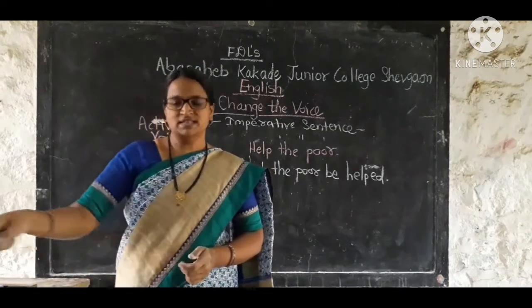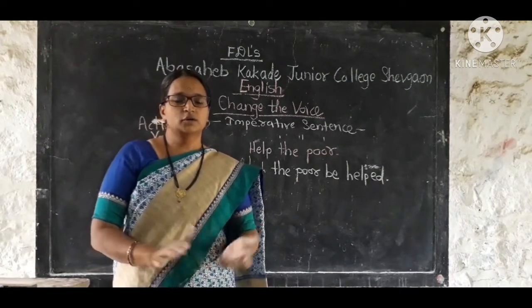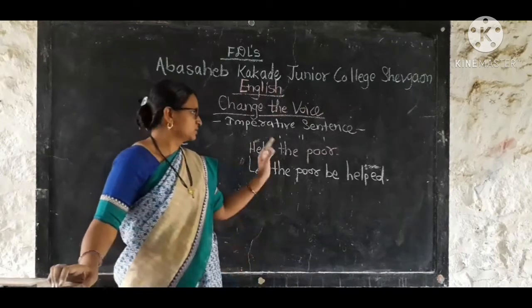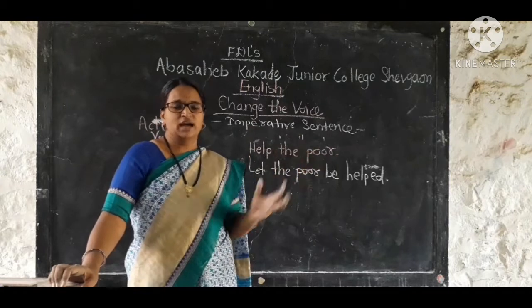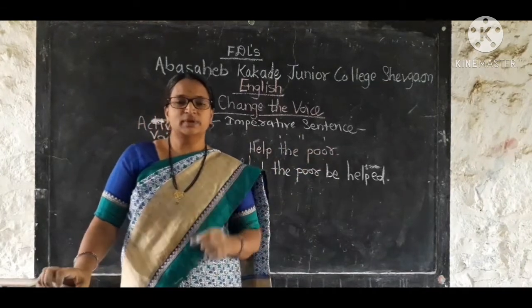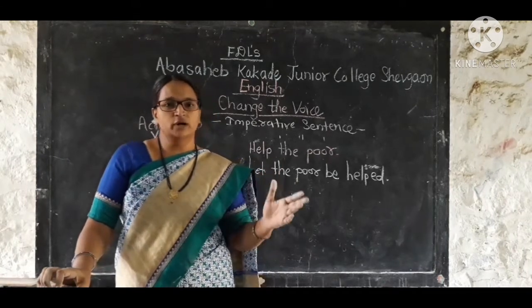So here once again I recall all the rules related to imperative sentence. The structure of imperative sentence is verb, then object, and subject is hidden in that particular sentence. Imperative sentence always begins with verb.